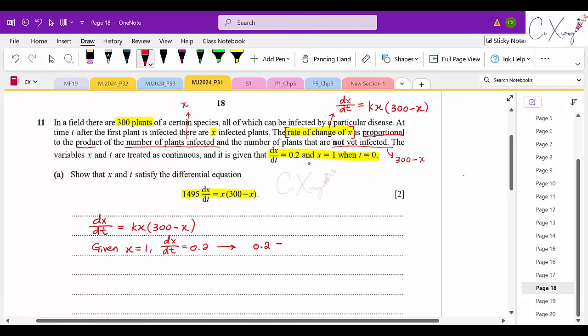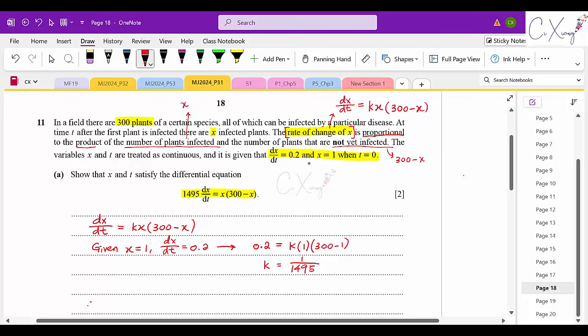So I have 0.2 equals k, which I don't know yet, times the value of x, which is 1, then 300 minus 1. When I simplify this equation, I get k equals 1 over 1495. Of course, you have to use a calculator to help a little bit.